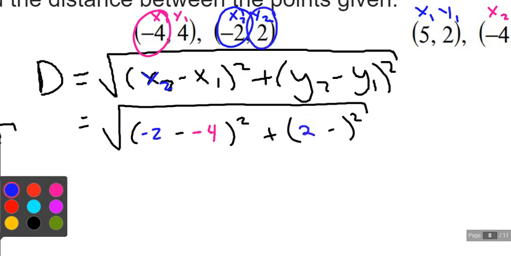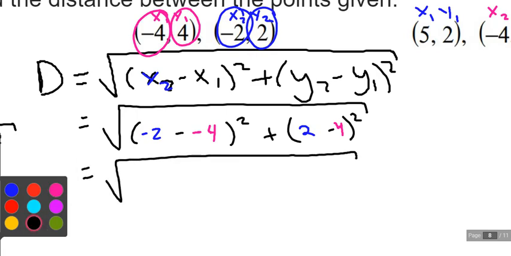Subtract y1, which is going to be 4. In terms of simplifying, and you notice I like to simplify slowly, we have -2 subtract a -4. So that's -2 plus 4, which is the same thing as 2. We'll square that. And then we have 2 minus 4, that's going to be -2, and we'll square that as well.